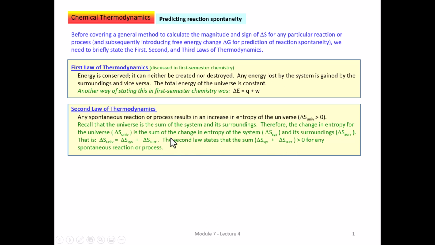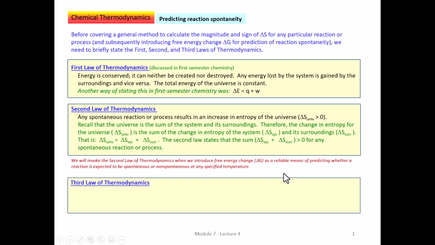In other words, a spontaneous reaction or process results in an increase in entropy of the universe. We will invoke the second law of thermodynamics when we introduce free energy change, delta G, in the second part of this lecture.